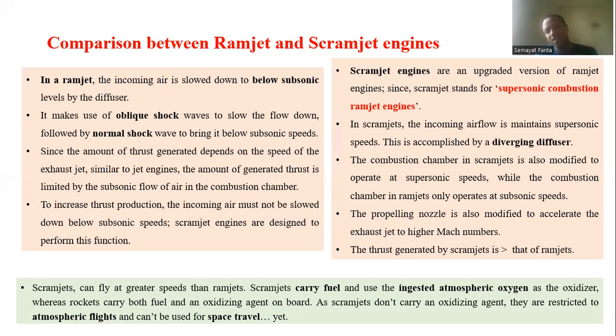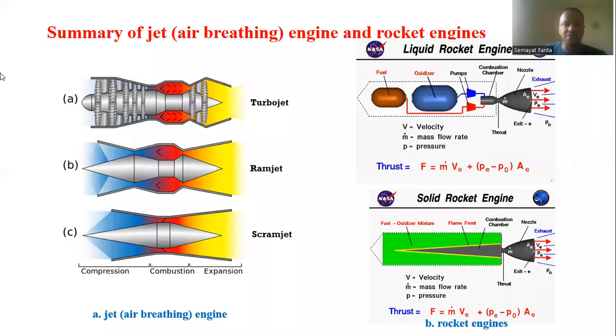So scramjets are for atmospheric flight, but rockets can travel above the atmosphere, because we have both oxidizer and fuel together in the rocket. So that is the comparison between scramjet and rocket engine.